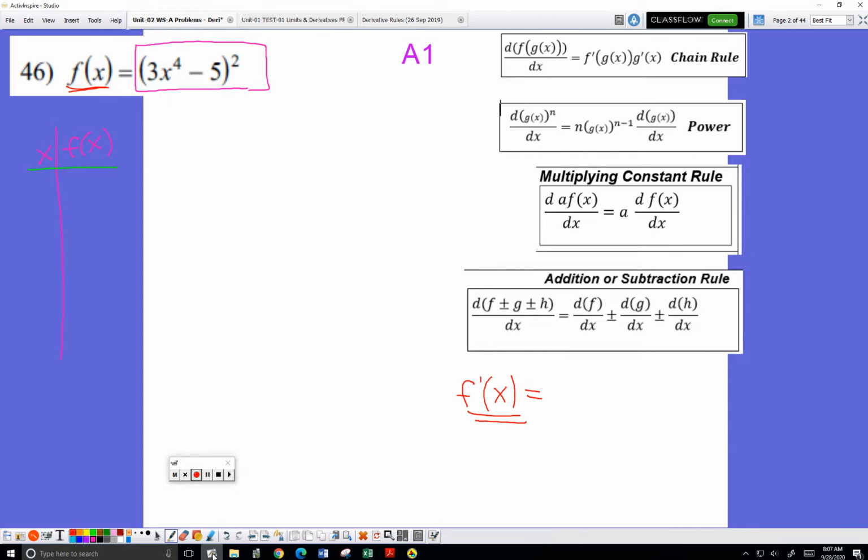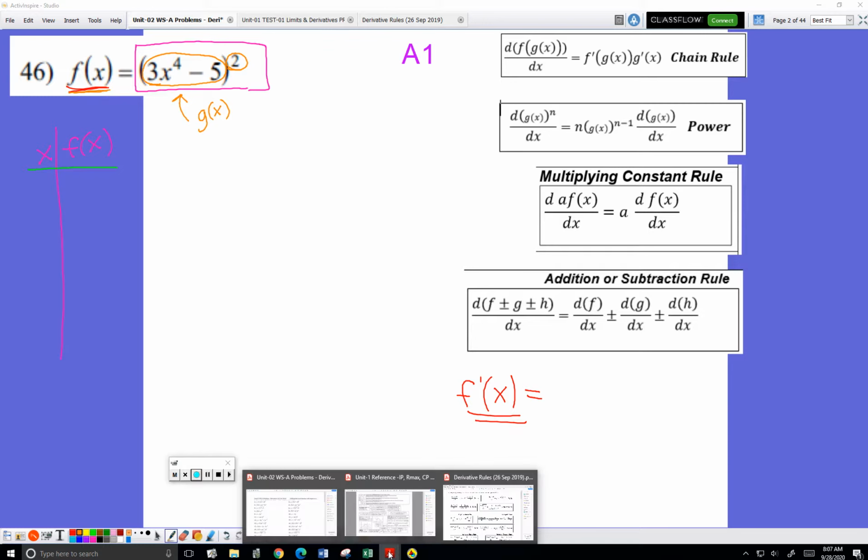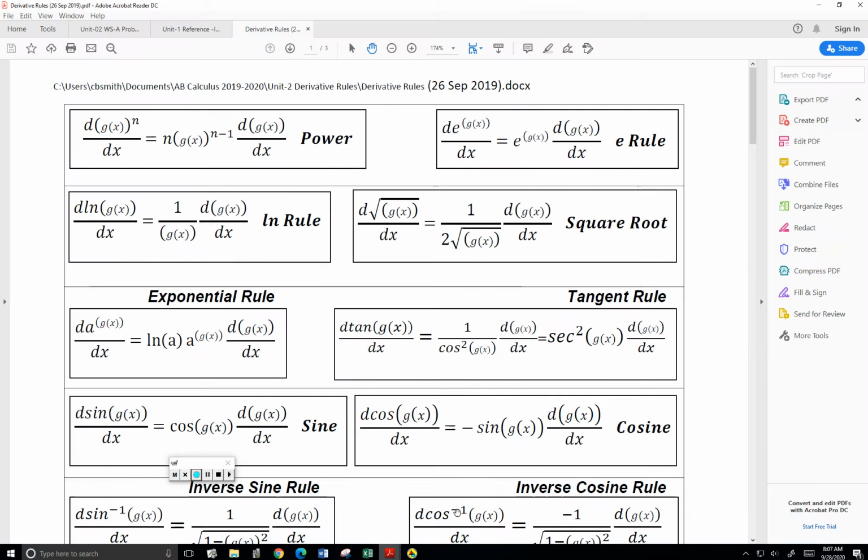I have some function right here, and that function is being raised to a number. So in the rule, this is the g of x, the thing that's inside. f of x is the entire function, but for this particular case, the g is right here, that thing that's inside.